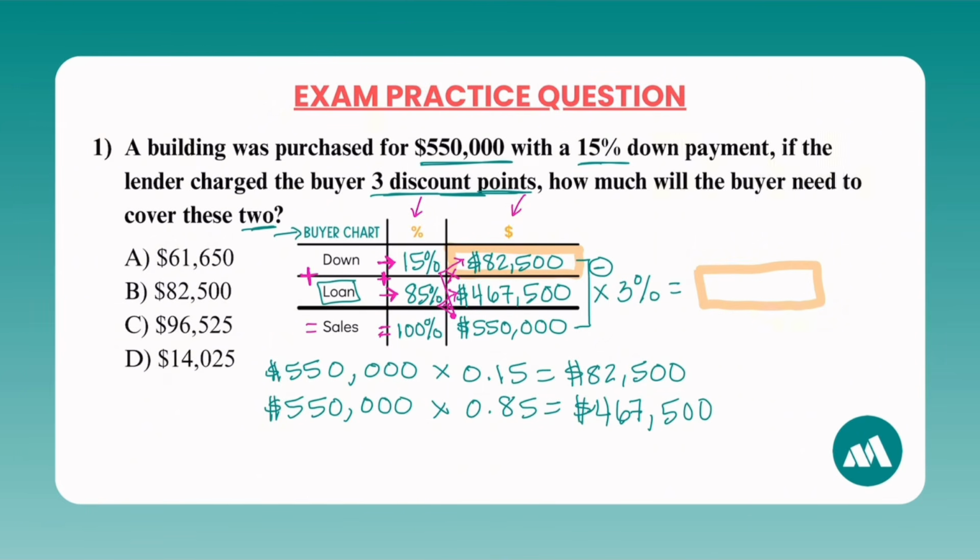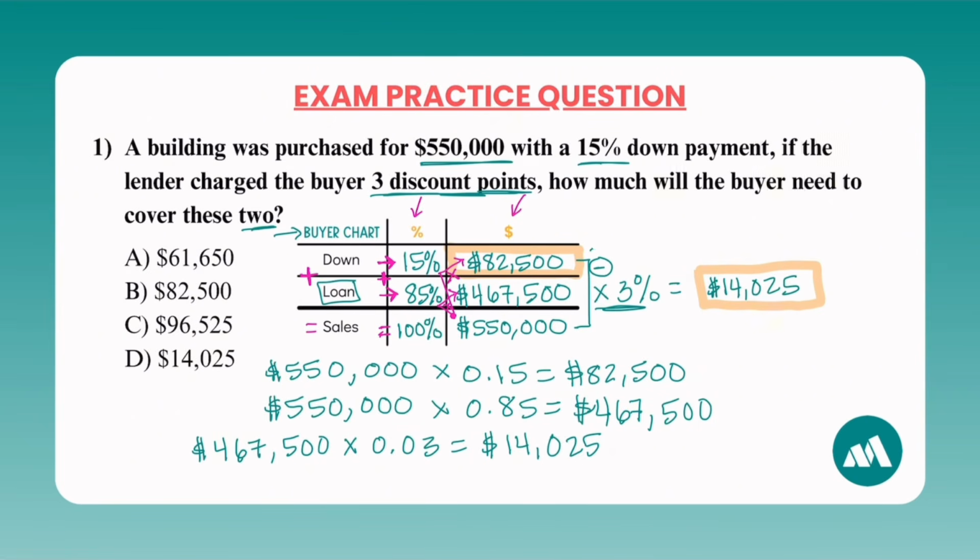And now all we have to do is multiply by 3%. $467,500 times 0.03 is going to give us how much the buyer pays in discount points, which is going to be $14,025. So that goes here.